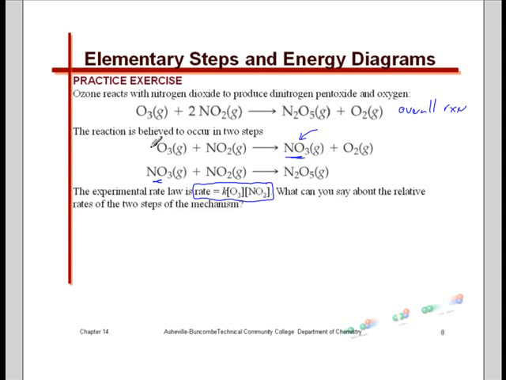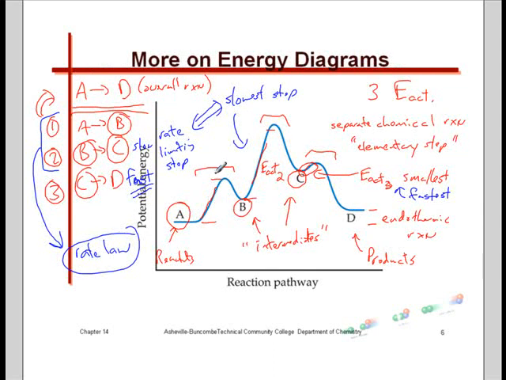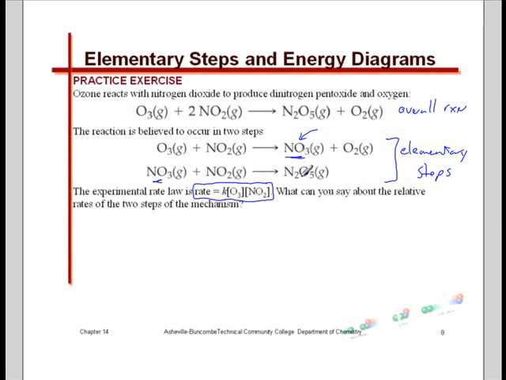I said this is the overall reaction; well, these are the elementary steps. Each one of these bumps corresponds to an elementary step. So if I'm proposing two elementary steps, then I would see two bumps along the energy diagram. I'll speculate on that in a second.